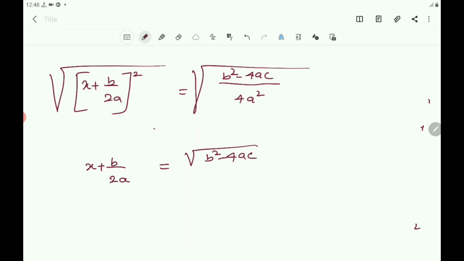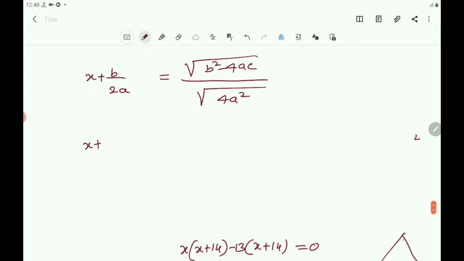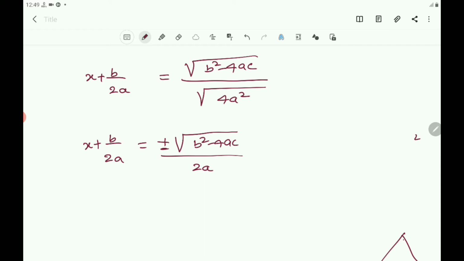In the numerator you will get square root of b square minus 4ac, then square root of 4a square. Then x plus b by 2a equals plus or minus square root of b square minus 4ac by 2a.